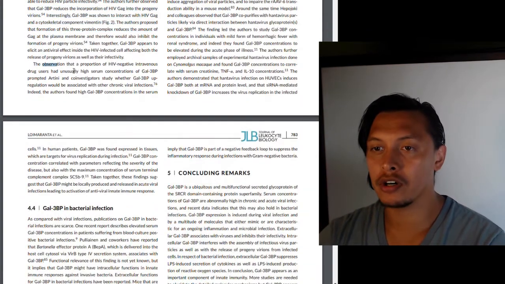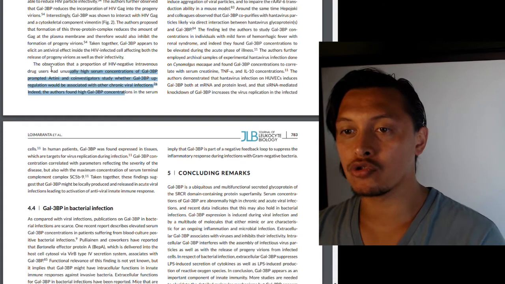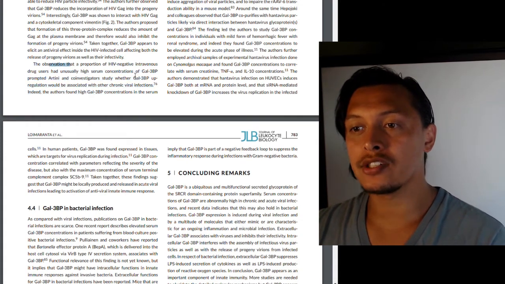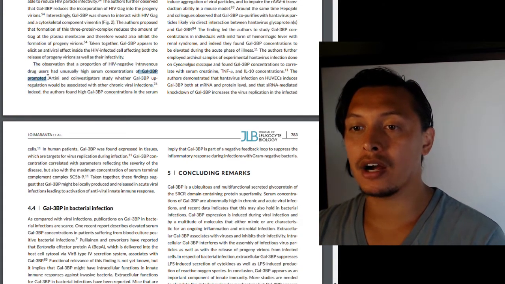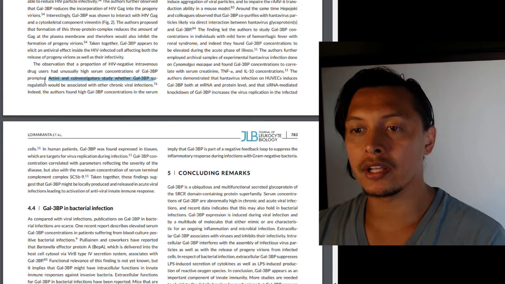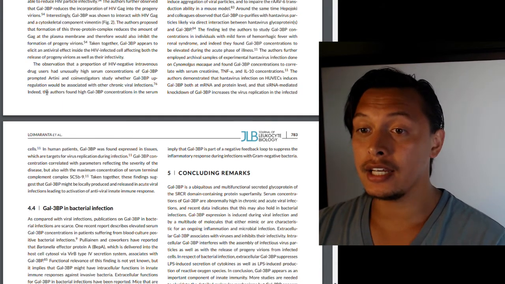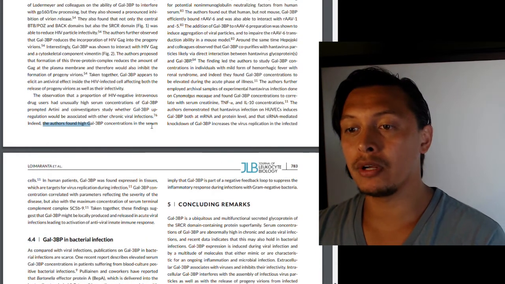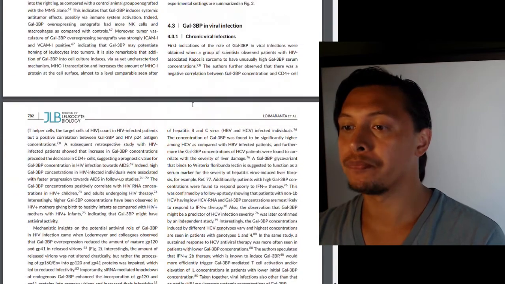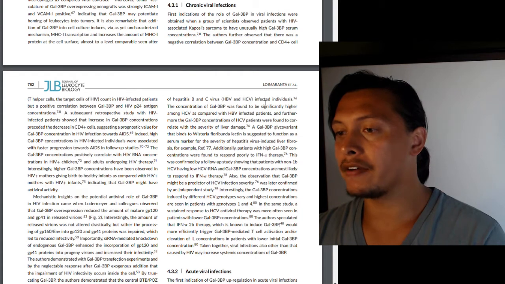So the observation that a proportion of HIV-negative intravenous drug users had unusually high serum concentration of Gal3BP prompted Artini and co-investigators to study whether or not Gal3BP upregulation would be associated with other chronic viral infections. And indeed, the authors found high Gal3BP concentrations in the serum of hepatitis B and C virus infected individuals.